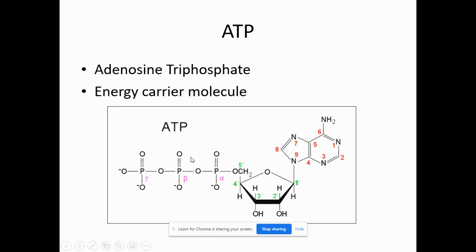As we'll see a lot, not only in this class but in other courses, you'll come back to ATP. You'll see ATP over and over again because it's an important energy carrier molecule in organisms. So we'll come back to that when we talk about metabolism.